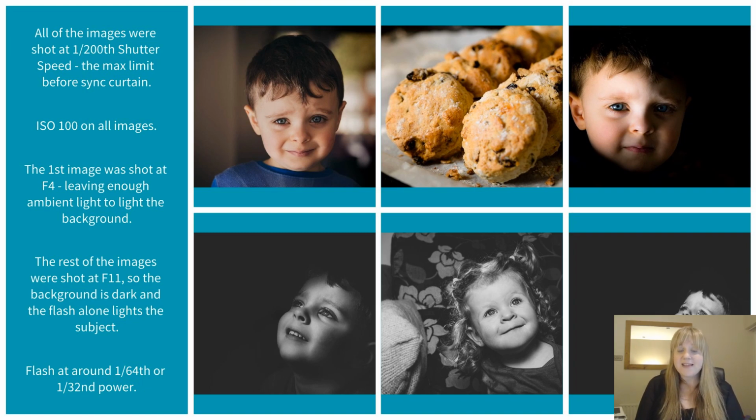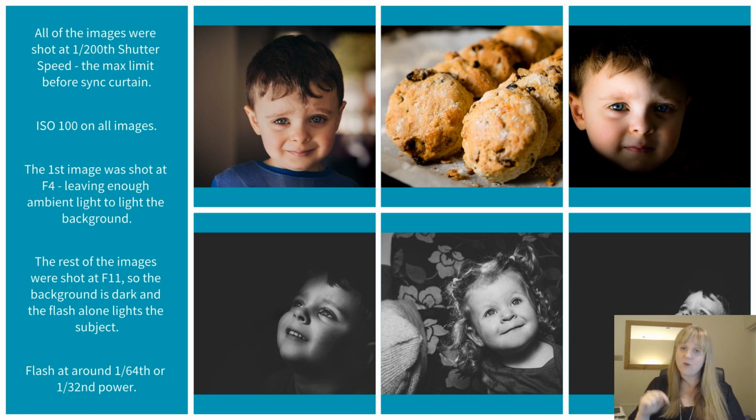Because speed lights have a maximum shutter speed that they can reach to sync with your camera, I'm limited to a shutter speed of 1/200th of a second. I can't go any higher than that, simply because if I go higher, then the flash will fire really quickly, but the actual shutter on my camera won't get open and closed in time for the flash to fire, because the speed of light is pretty fast.